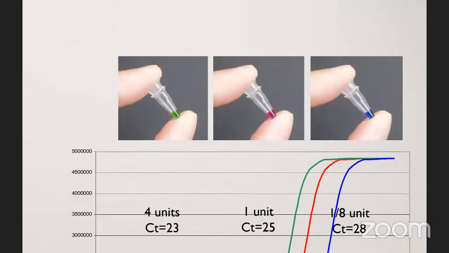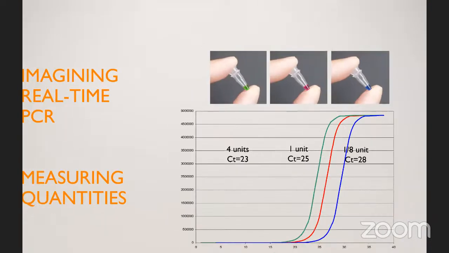All right. So what you can see here are PCR tubes having three different concentrations of, let's say, a particular organism. The green has 4 units, the red has 1 unit, and the blue has 1/8 units, right?